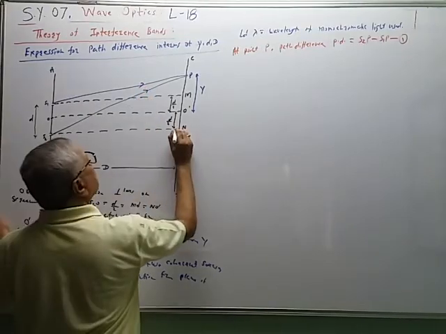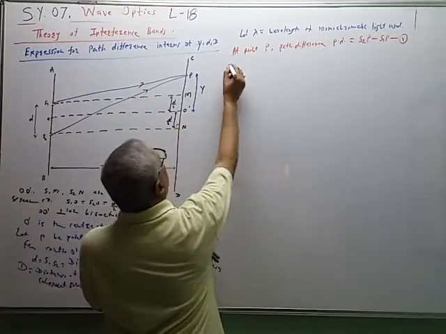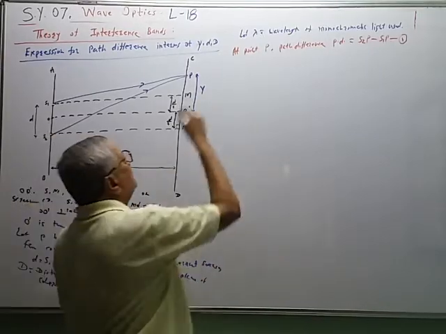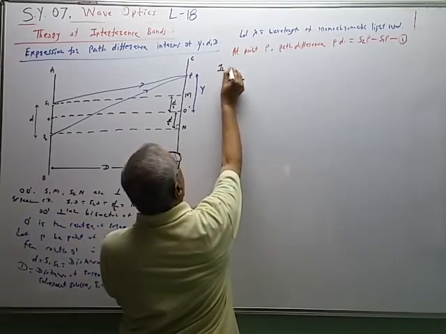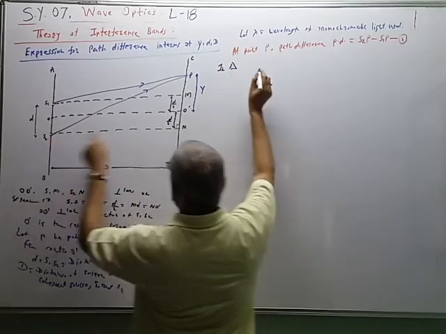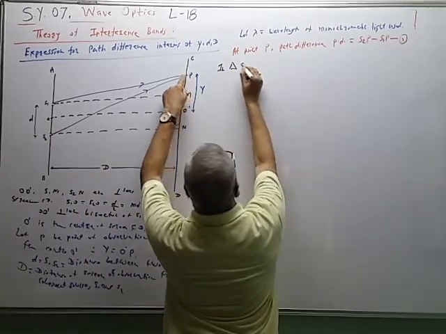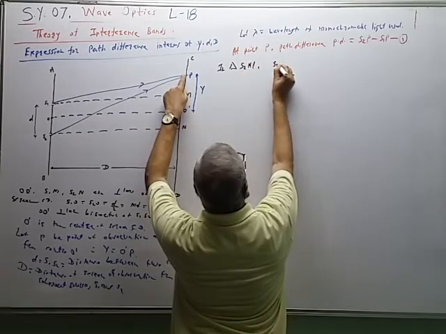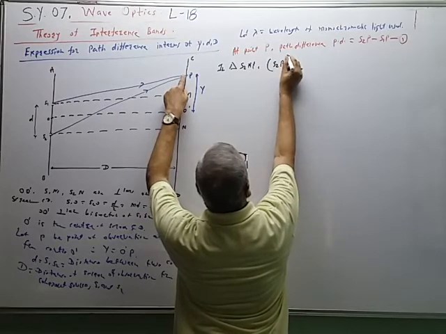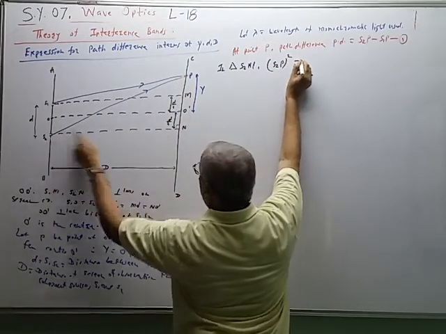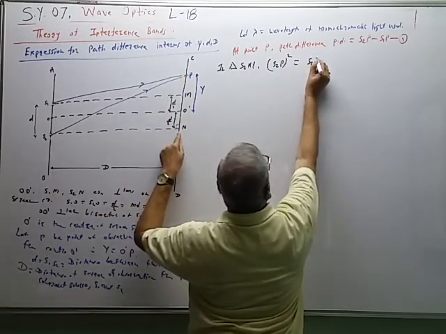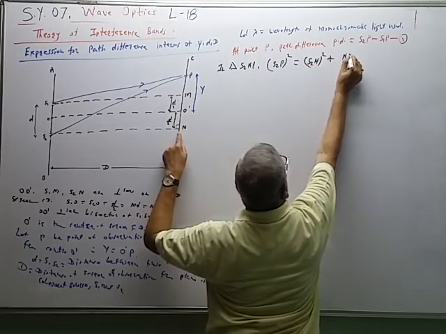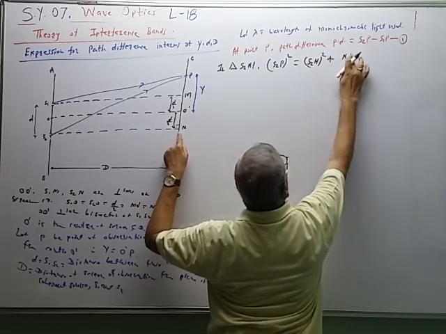First we will consider triangle S2NP. By Pythagoras theorem, S2P square is equal to S2N square plus NP square.